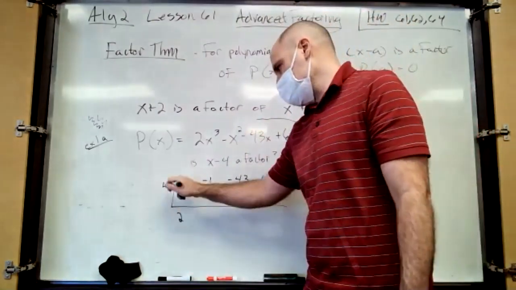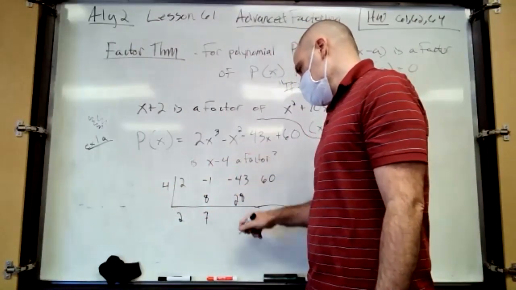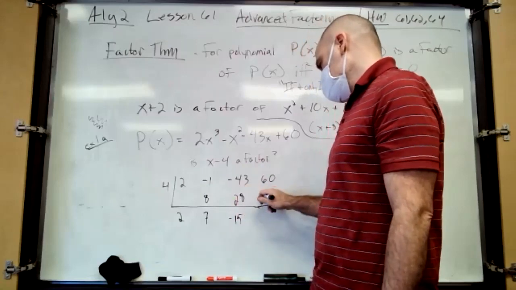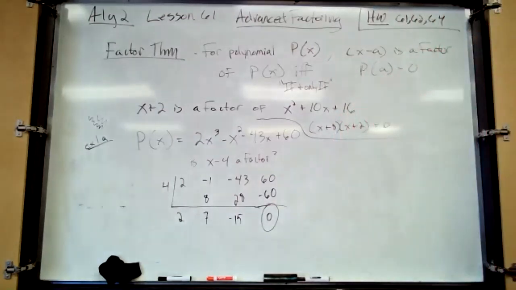Bring that down, multiply by 4, add, multiply by 4, add, multiply by 4, add, and you get 0 remainder, which means x minus 4 is a factor of 2x cubed minus x squared minus 43x plus 60.